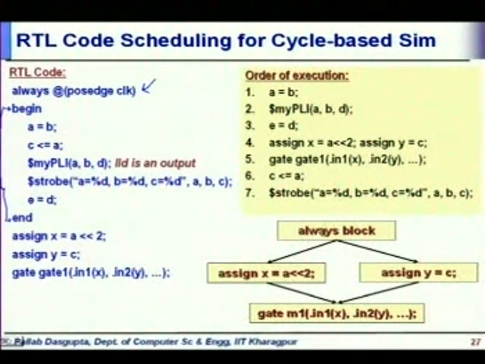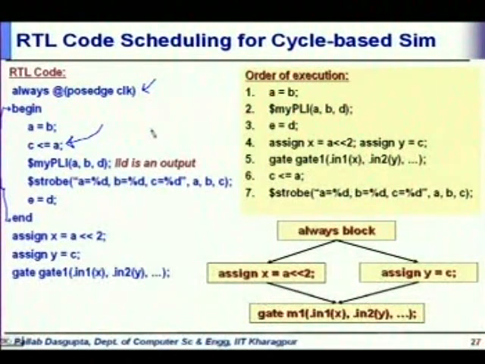Now, within that code there can be non blocking assignment statements. These non blocking assignment statements will not be processed first. By definition, they will be processed at the end.